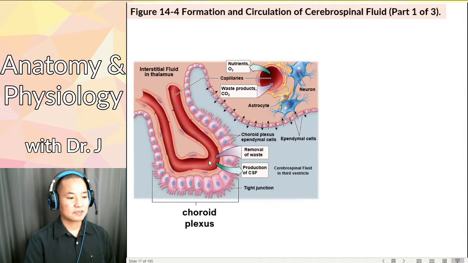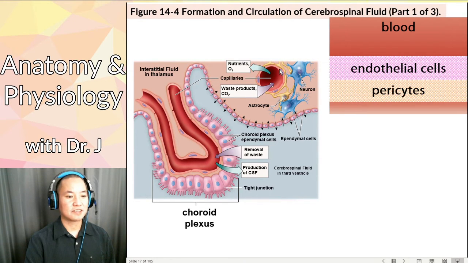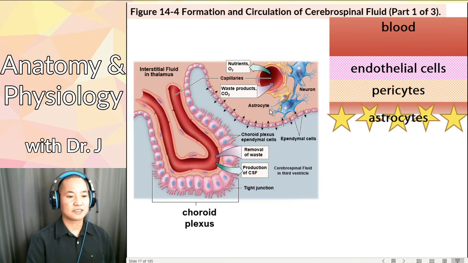Now what do we have here? This part is called the choroid plexus, and a choroid plexus is a network of these ependymal cells that make CSF. But let's back up a bit. Again, cerebrospinal fluid is derived from blood, but it's filtered through the blood-brain barrier. So we have endothelial cells that line blood vessels. We also have pericytes, and I don't think it's actually showing it in this image, but they're there. Then you have astrocytes.